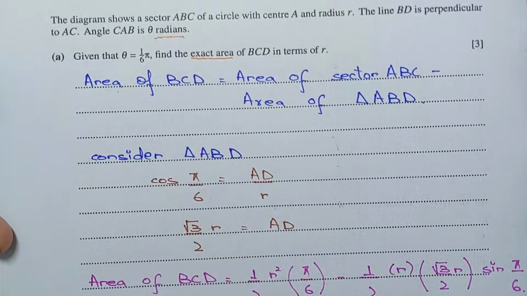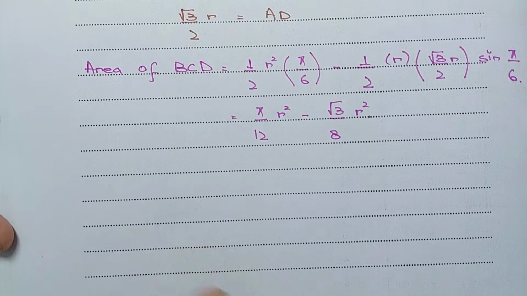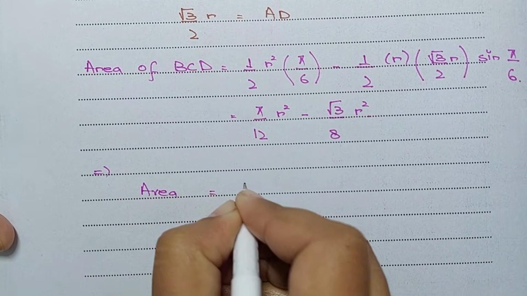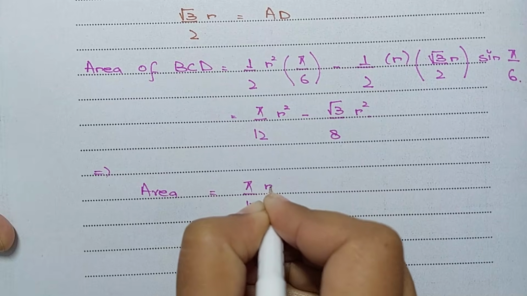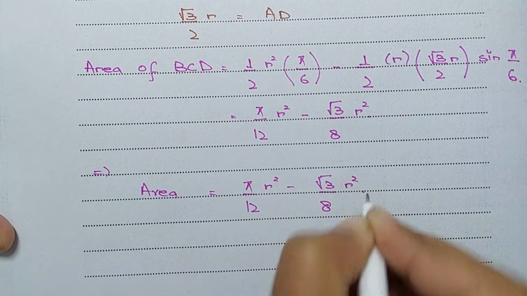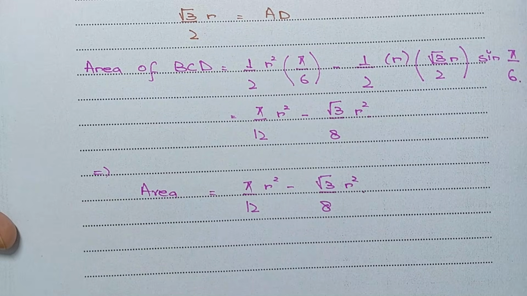So we need to figure out the exact area. So the exact area is pi by 12 R squared minus root 3 over 8 R squared. This is the exact area.